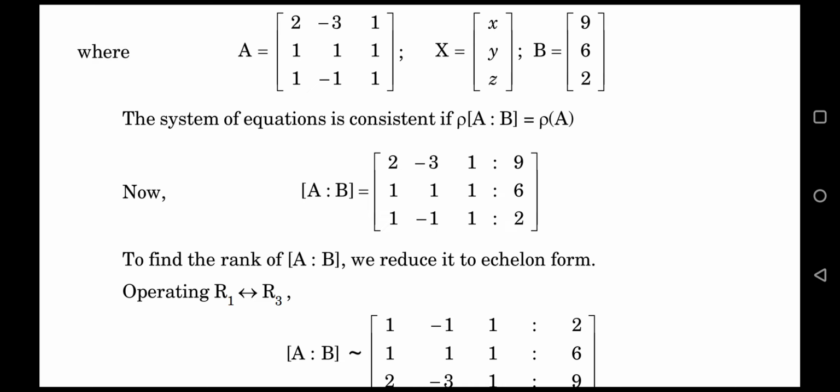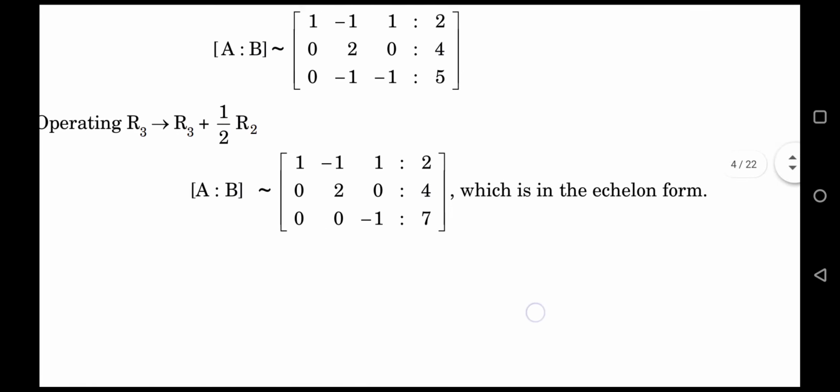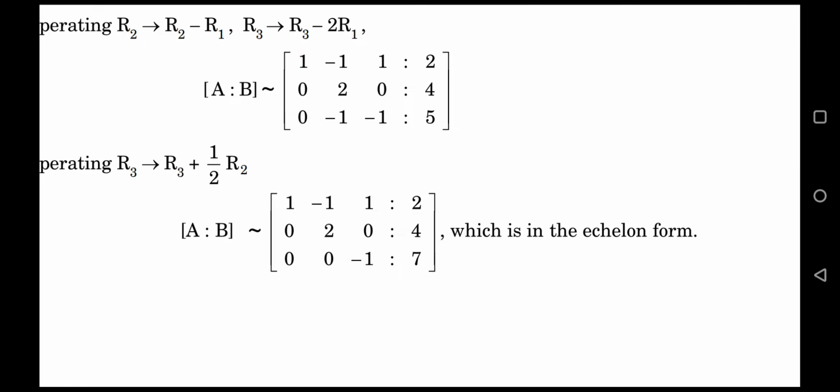As we discussed in the previous chapter on finding the rank of a matrix, in similar manner here we can find the rank of A augmented B. We convert this matrix to normal form or echelon form.